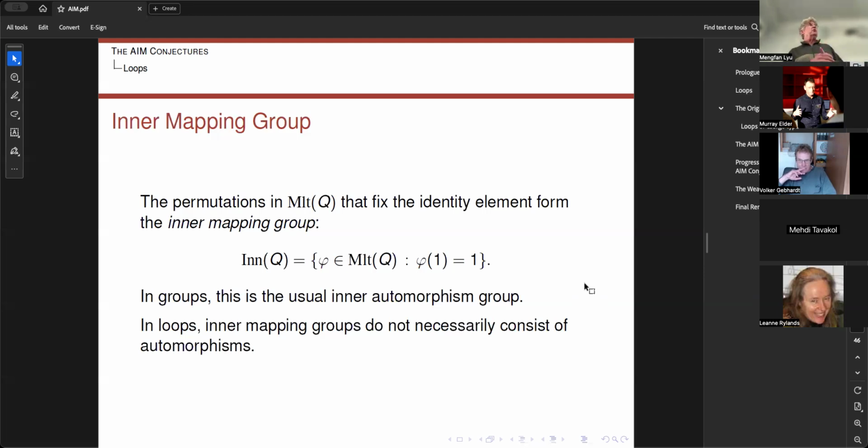Now, if you start with a group, this is exactly the same thing as the usual inner automorphism group. This is not how it's traditionally defined in a typical abstract algebra or group theory textbook, but it is exactly the same. In general loops, inner mappings are not necessarily automorphisms or anything other than permutations that fix the identity.